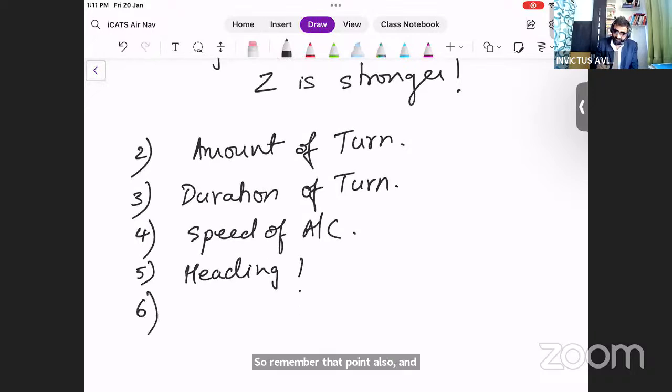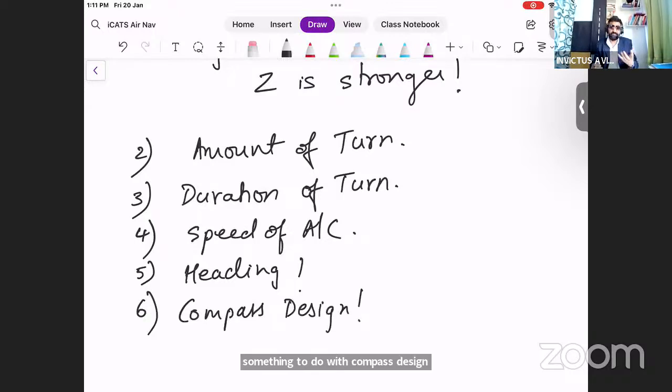And number 6, definitely something to do with compass design. The liquid swirl, pendular suspension, etc. These are the points where your turning error magnitude increases. Of course, everything will increase only, nothing else. Everything will be in direct proportion with respect to the increased magnitude of your turning error.